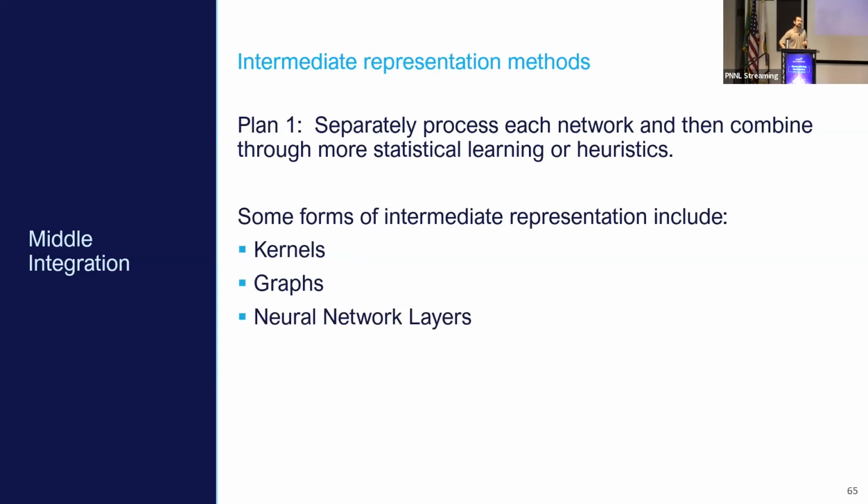So here are some ways people do this. I'll go into examples and explain some of these later. Kernels are essentially intermediate representations at a high level, like the similarity between your observations. If you can represent your data, instead of as raw values, as some sort of similarity metric between your observations, that can be better.